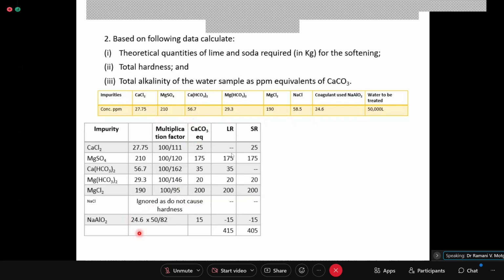I told you for sodium aluminate, you should consider 50 by 82. For alum, if it is given, you will consider 50 by 57. So the multiplication factor for sodium aluminate is 50 by 82. So going for the CaCO3 equivalent, how much are you getting here? This is 25. Are you doing calculation?